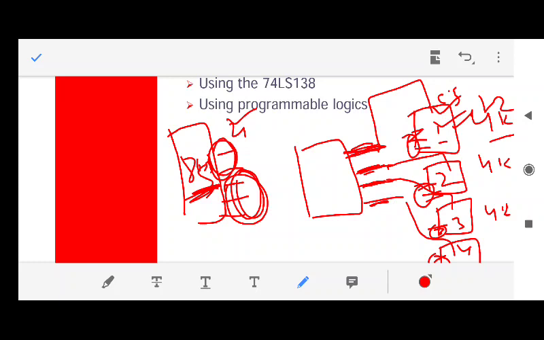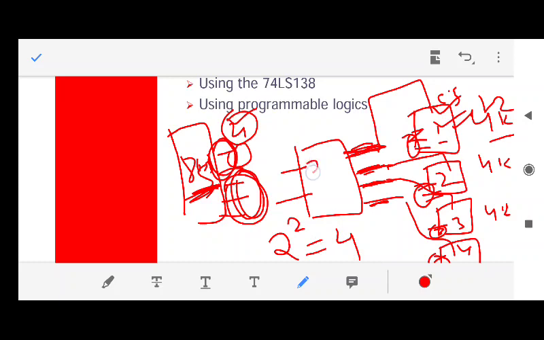So either you can directly connect these 4 lines to the chips, but the standard way is you take 2 lines from this address, and you can decode these 2 address lines to 4 lines. So you will employ a decoder.